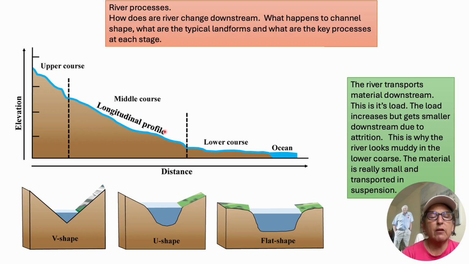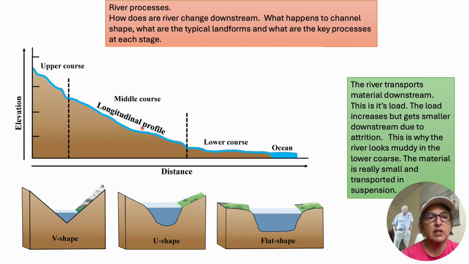That material will get eroded smaller and smaller through the process of attrition, and that's why it goes from possibly being rolled along the bed, which is traction, bounced along the bed, which is saltation, to actually being much smaller, and it can travel in suspension or even in solution. And that's why a river will look muddier near the lower course. It's not dirty, it's not nasty, it's not smelly. What it's got is a lot of material that is now so small it is like floating along on its journey towards the sea.